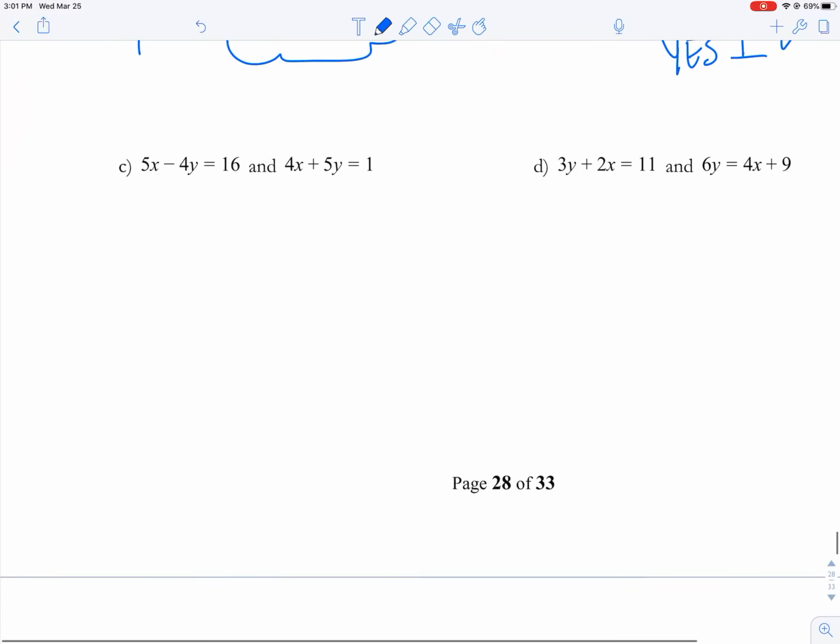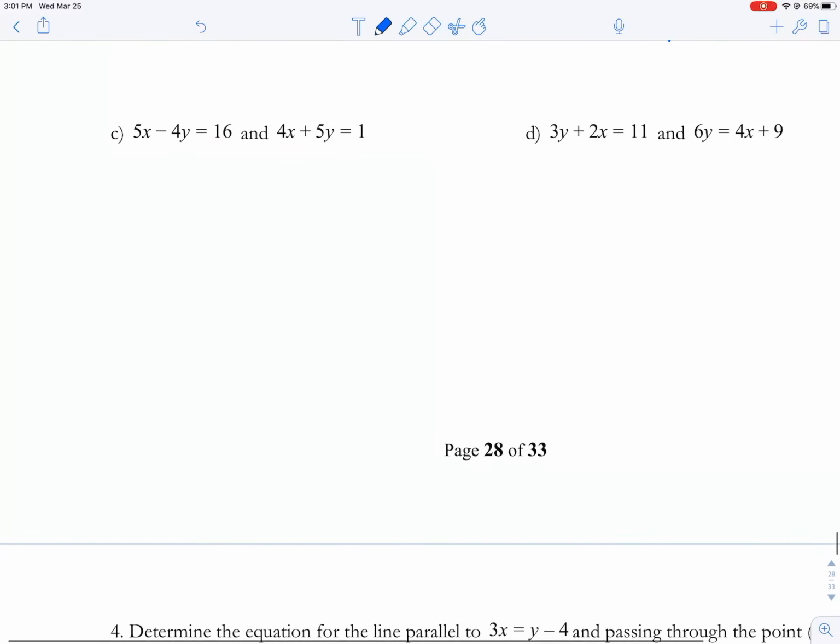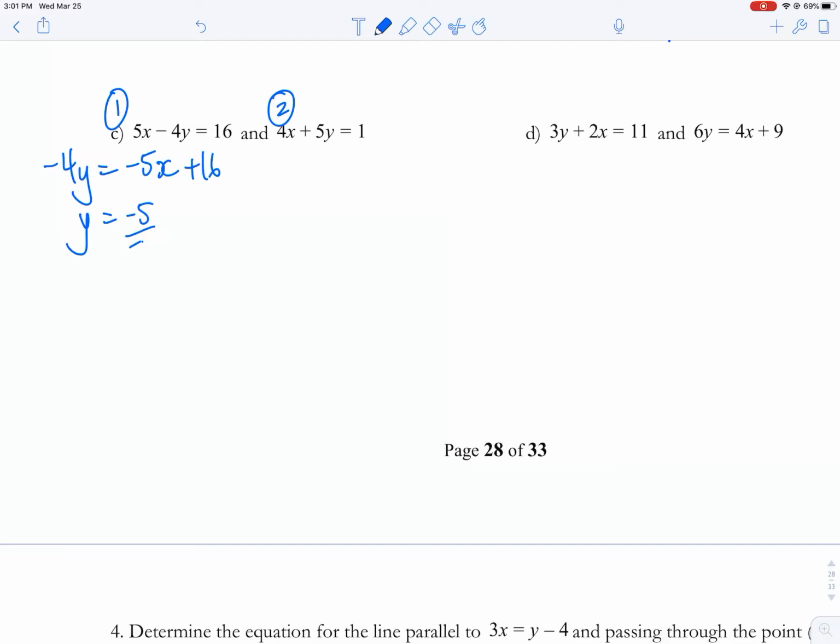For C and D, we're going to have to isolate y to get the slope. So in this one, I'd have minus 4y equals minus 5x plus 16. Y equals minus 5 over minus 4x plus 16. So my m of the first one would be 5 over 4. My perpendicular slope would be negative 4 over 5.